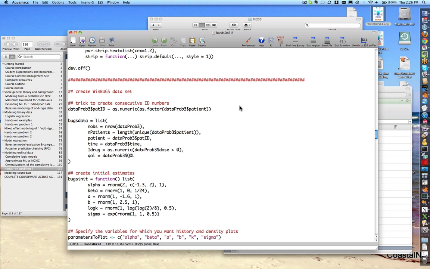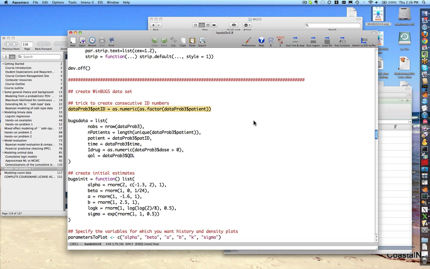Okay, so we're going to create our data set. The data set's almost in the form we needed already. The only thing I allowed for was the possibility that the patient column was not the exact integer sequence we need, and I set this up to change it into one if need be.